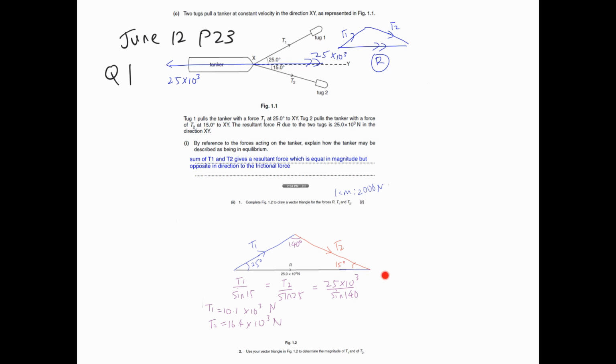Then we start drawing T2 and complete the diagram. This is just by estimation, but then we will calculate T1 and T2 using the sine formula. So T1 divided by sine 15 equals T2 over sine 25 equals your resultant, which is 25,000 over sine 140, and from there we can get your T1 and T2.